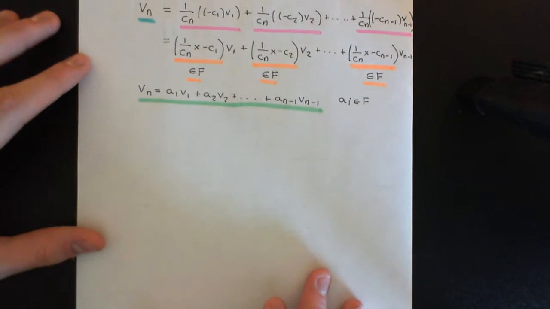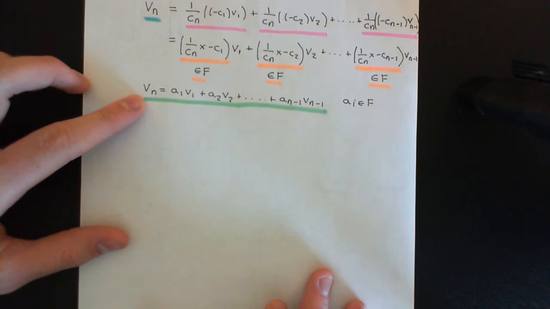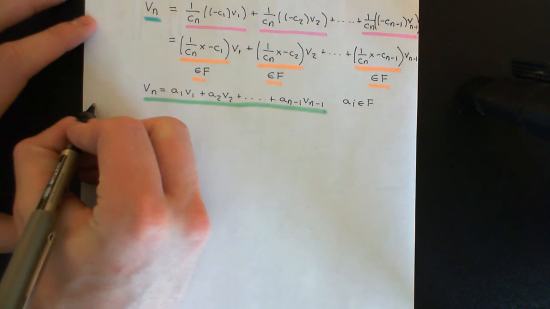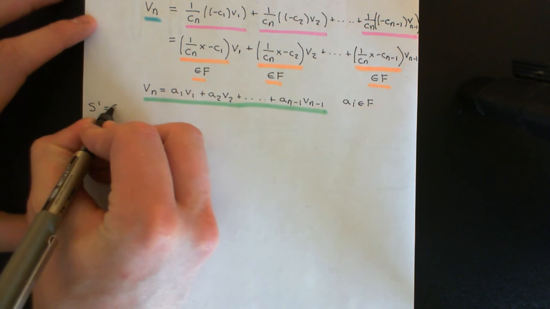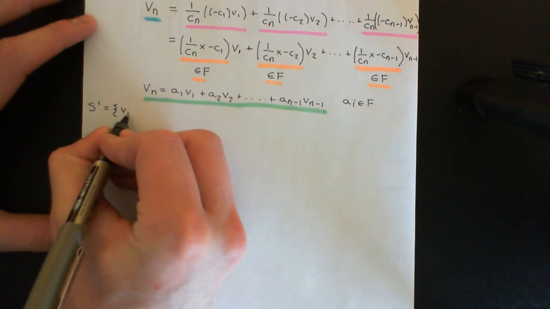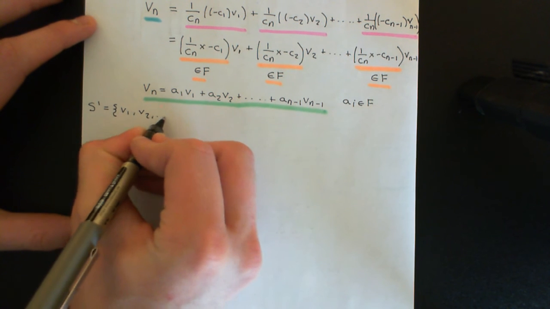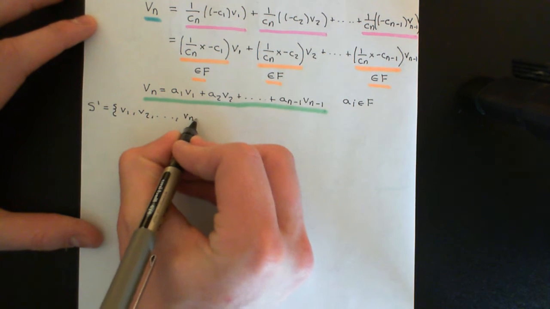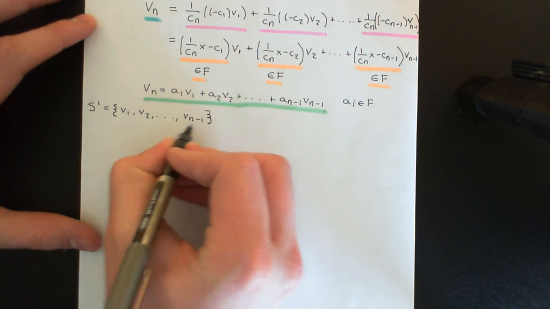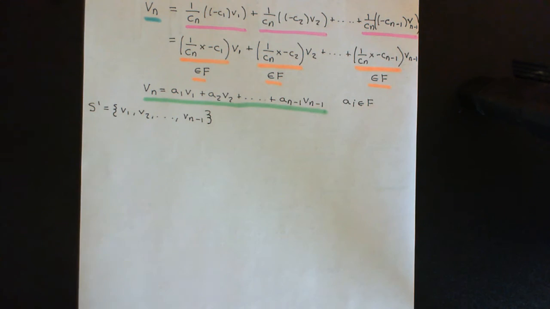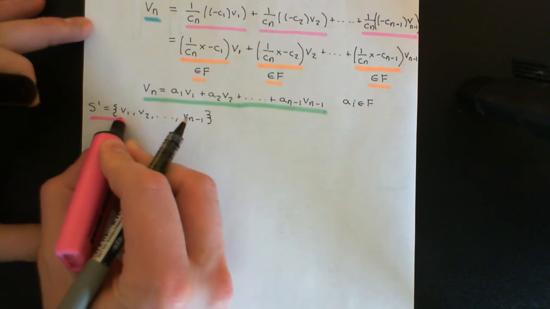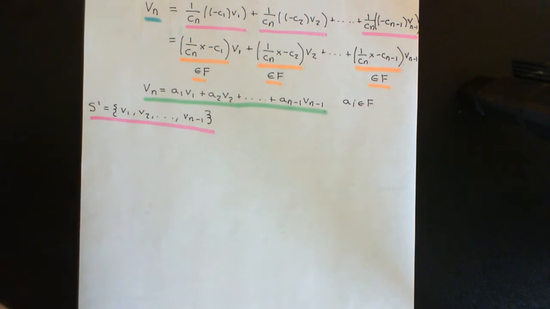Now, the big claim is that I can take this vector Vn out of the set. So I can create a new set, which is S prime, which will contain all of the vectors of S bar Vn. So it will go all the way up to Vn minus 1 rather than Vn, so no Vn is in this set. And my claim is that this set, S prime, will still span the entire vector space.